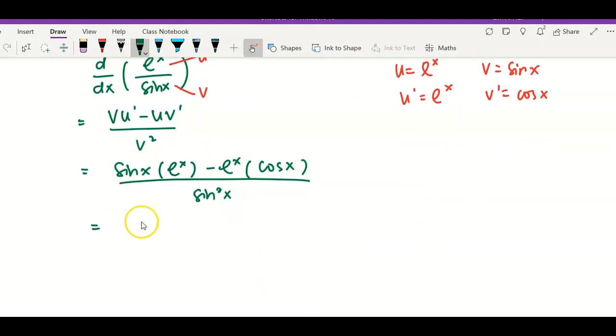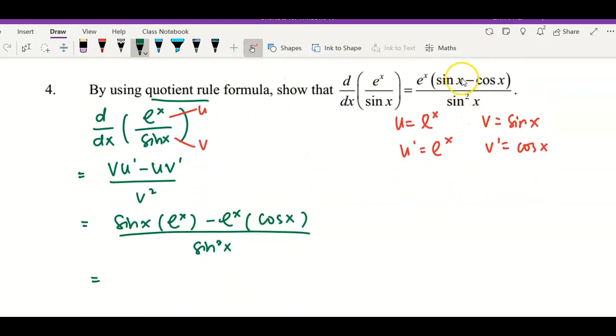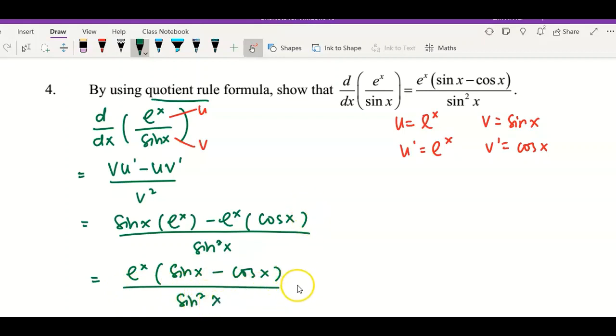Then after that, we'll simplify it. Alright, they want us to prove until this, meaning that we need to factor out the e^x. Factor out the e^x. The first term, you have sine x minus cos x. And the denominator is sine square x. So we have proven, or we have shown, the statement. Okay. Thank you.